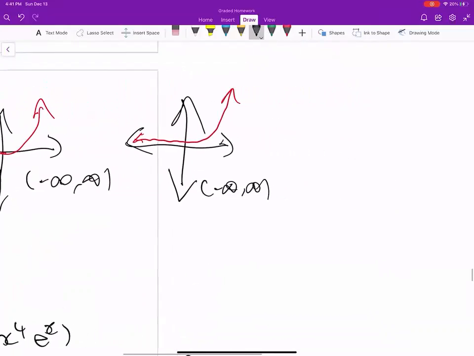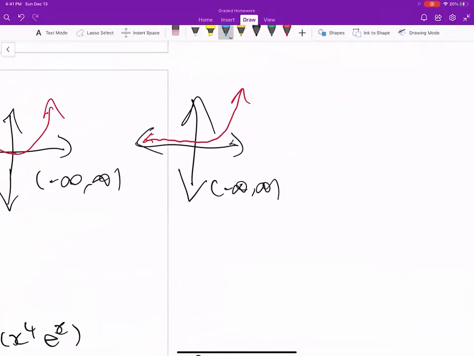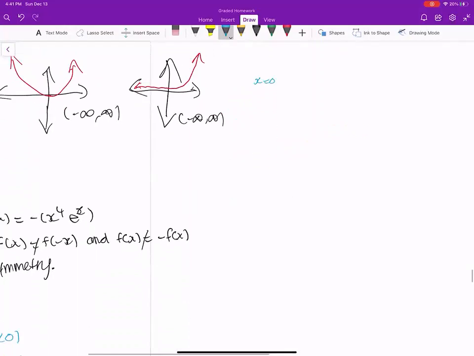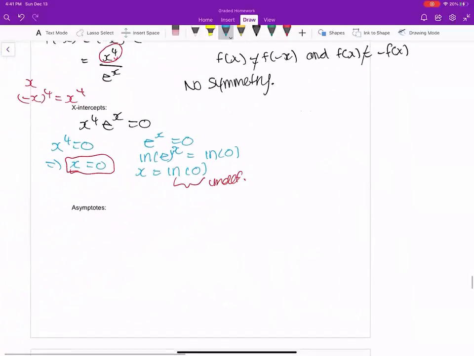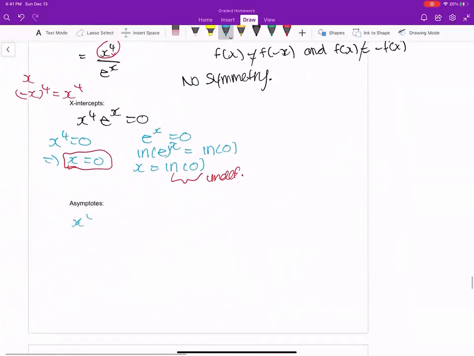It has a horizontal asymptote at y equals 0. Now we have x to the power of 4 e to the x, so this has an asymptote at y equals 0.